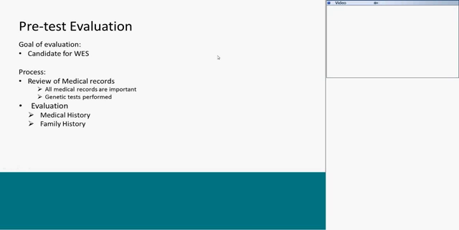The process that the physician and the patient go through is that there should be a review of medical records and a review of genetic tests performed. The doctor has to take a good medical history and a very good family history, and I cannot tell you how important this part is to the interpretation of the test. It's not only good for the doctor, but also for the laboratory.